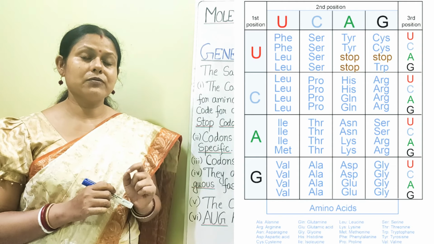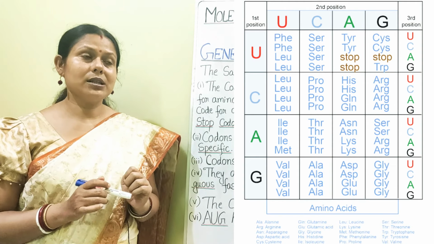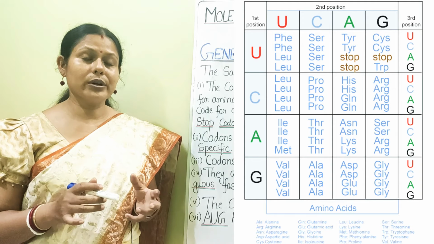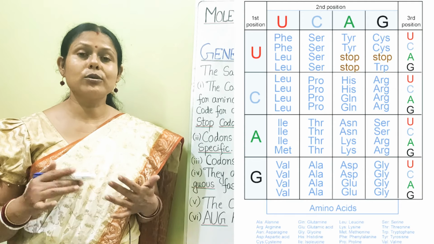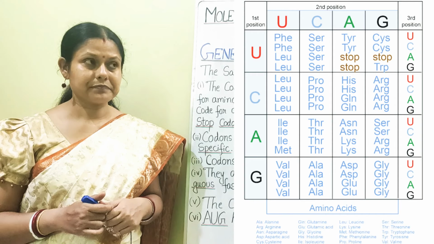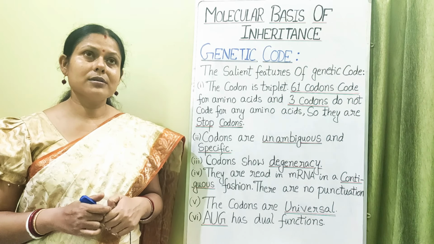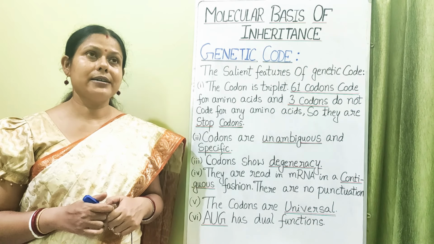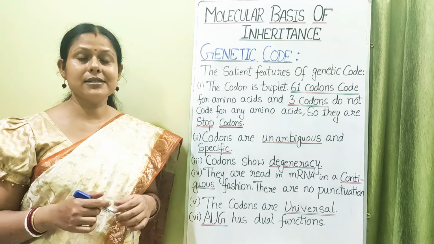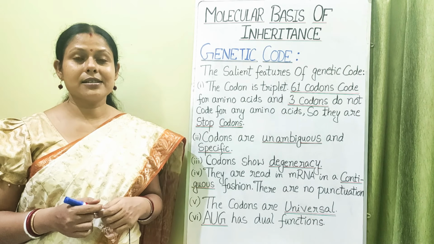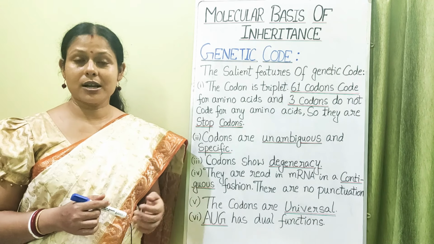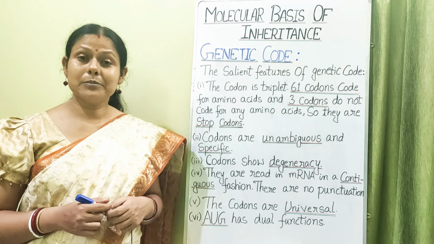It should be in the form of triplet, and only then the process of encoding of the nucleotide into amino acid was possible. He was supported by some of the greatest scientists of all time, Khorana and Nirenberg.